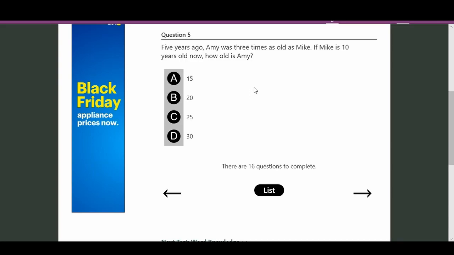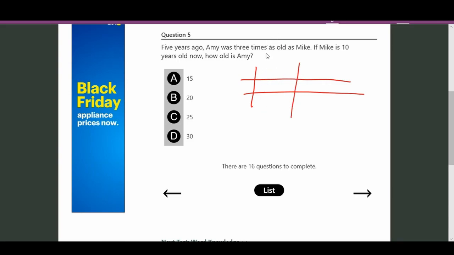Question 5 says, 5 years ago, Amy was 3 times as old as Mike. If Mike is 10 years old now, how old is Amy? So I always have to use a chart to solve these. Otherwise, I'm not very good at them.